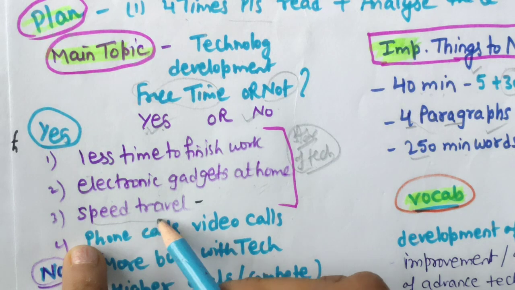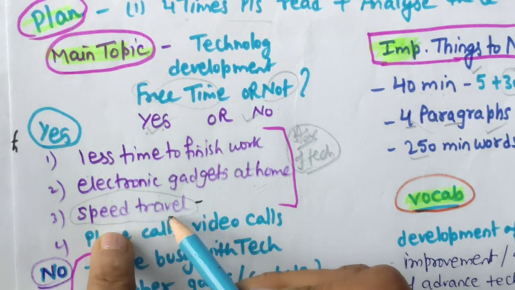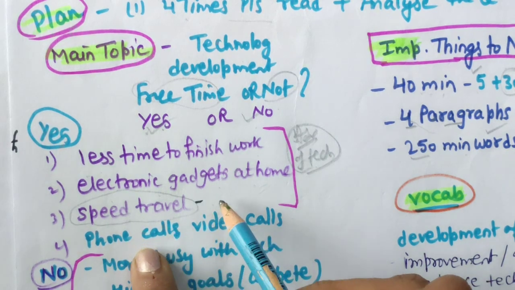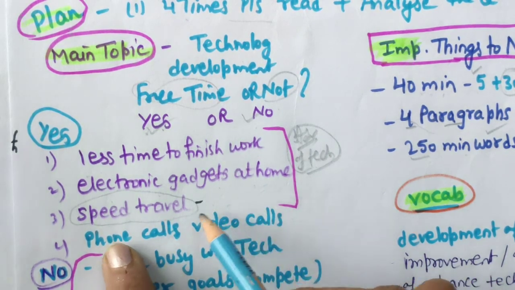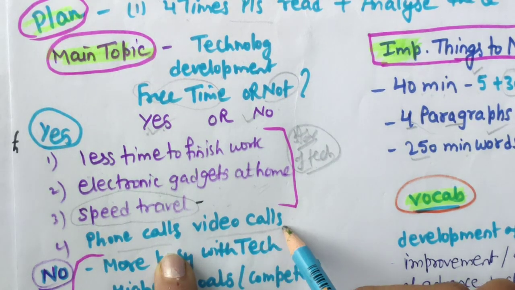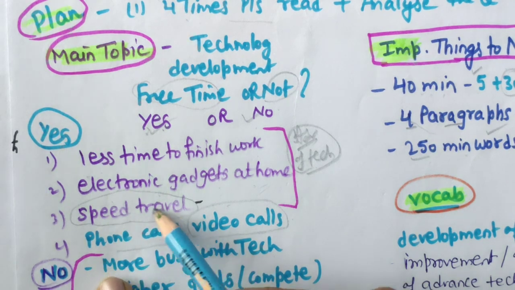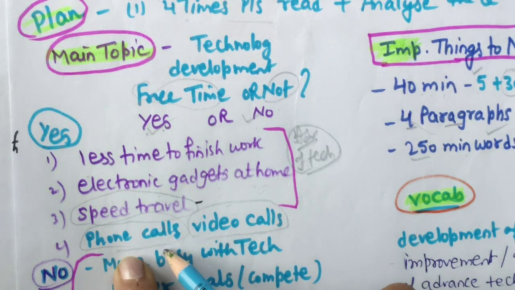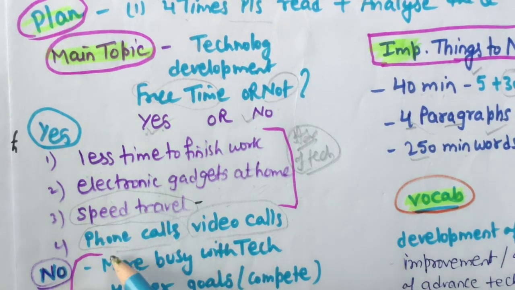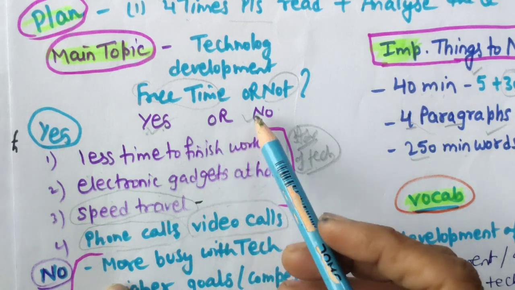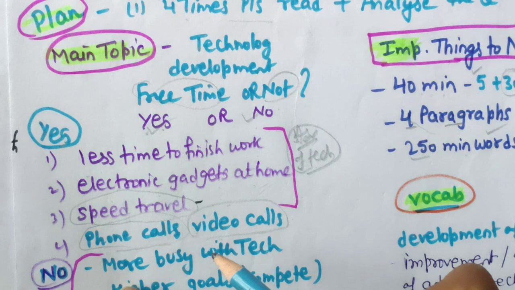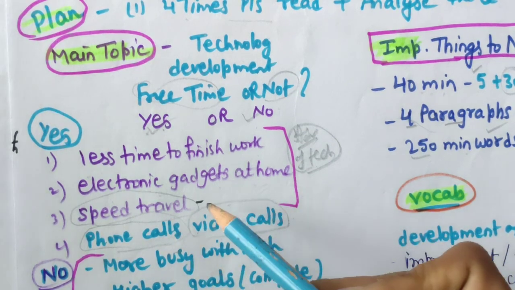And of course we have more free time due to speed travel systems like aeroplanes, bullet trains, driverless cars, high speed cars. Phone calls and video calls are also now available, so people don't need to go to friends' or relatives' houses. They usually do phone calls or video calls to share their news. So yes, they have more free time because of these reasons, because of technology. Indirectly we are talking about technology.